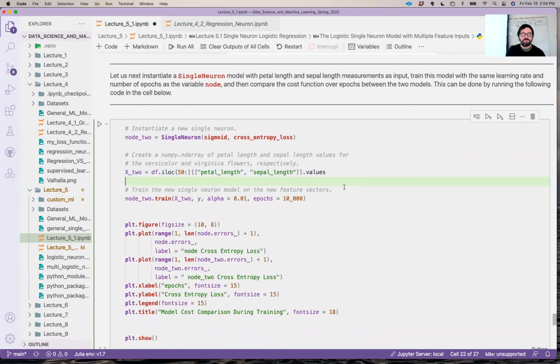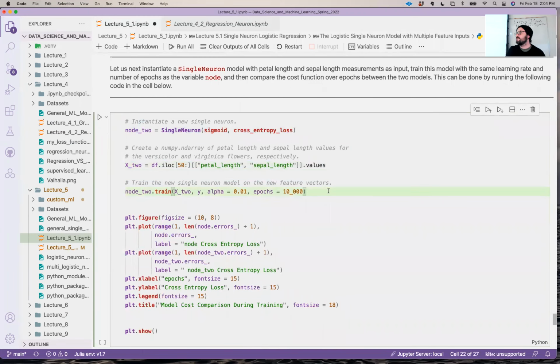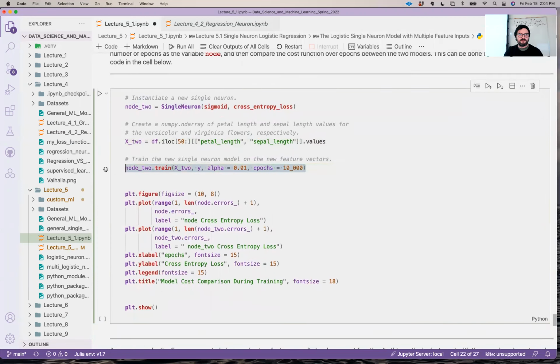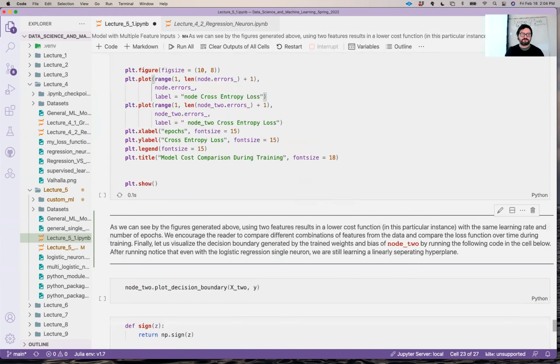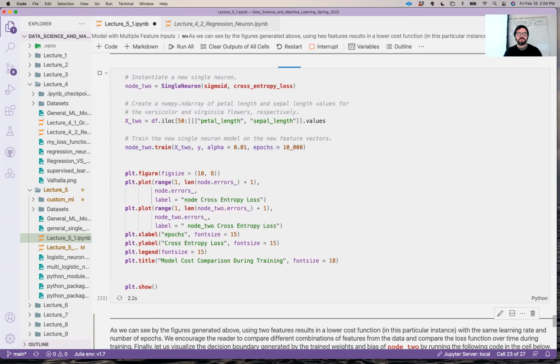I'm good to go, and Y stays the same. They have the same labels 0 and 1. Then I train node 2 for 10,000 epochs using X2, the 2 measurements. All right, and then I plot my errors.